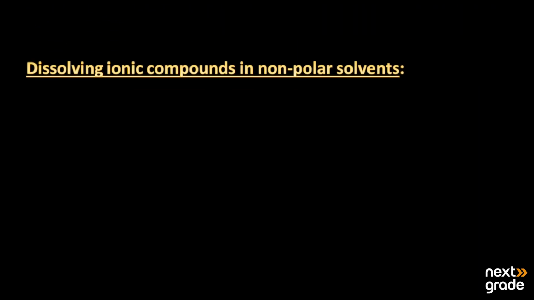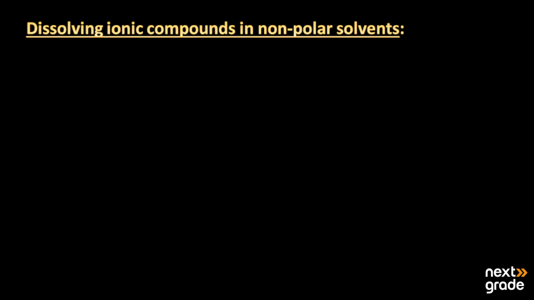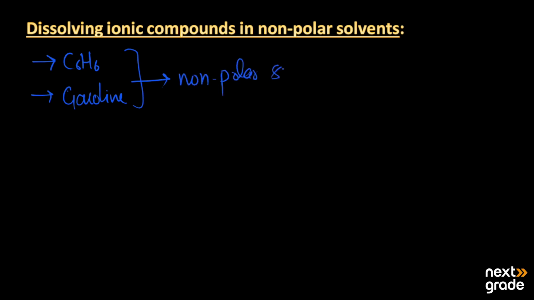Next, we have dissolving ionic compounds in non-polar solvents. We have a lot of non-polar solvents like benzene and gasoline. These are mainly non-polar solvents. A simple example from our houses is oil.